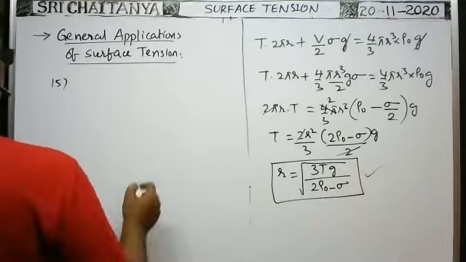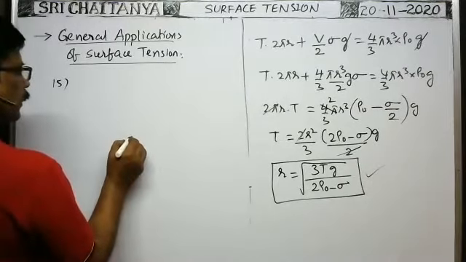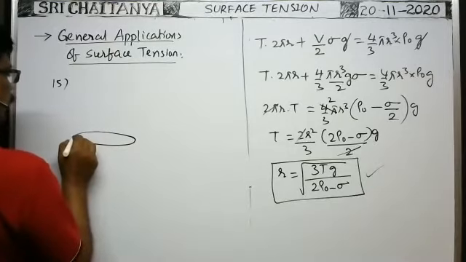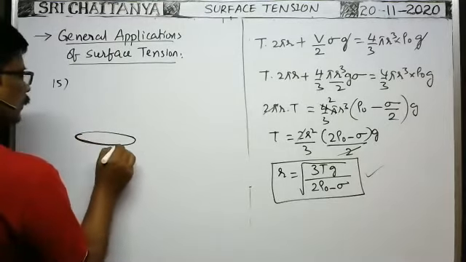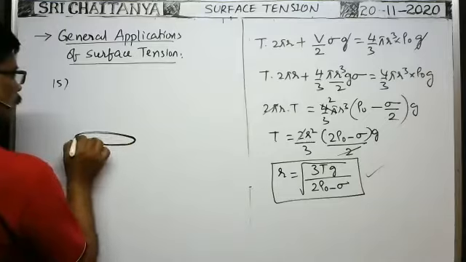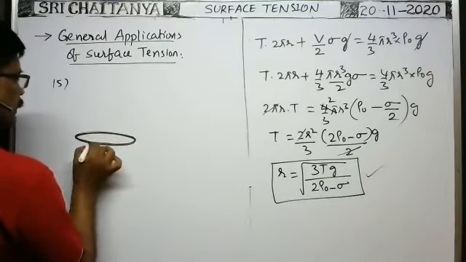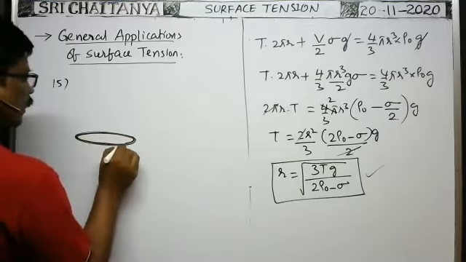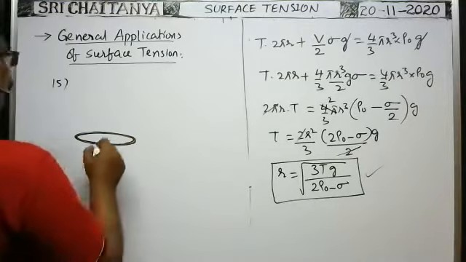There is a thin circular ring having certain mass.